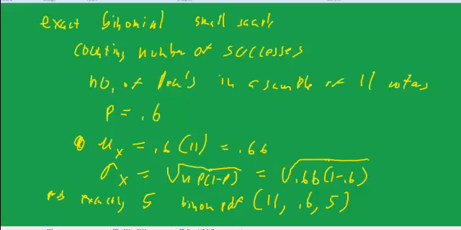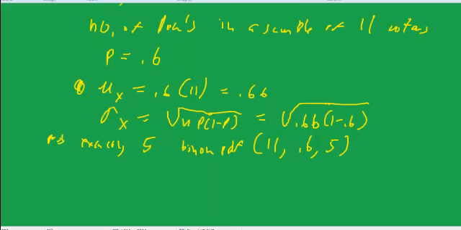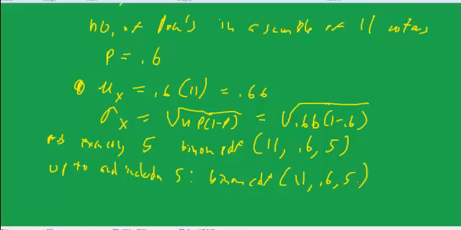And then finally, if we want to get up to and including 5, we do binomCDF 11, 0.6, 5. And just be careful, if we wanted to say more than 5, what's the probability of getting more than 5, then we do 1 minus binomCDF 11, 0.6, 5.